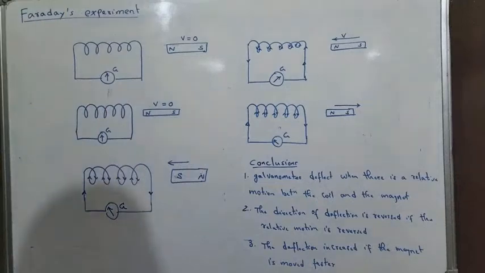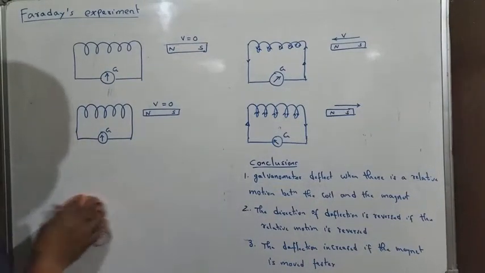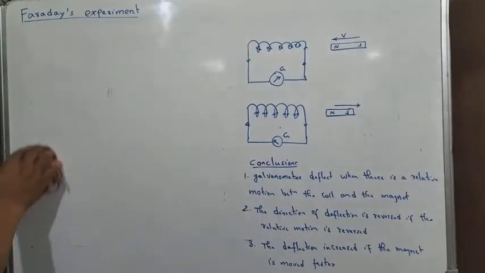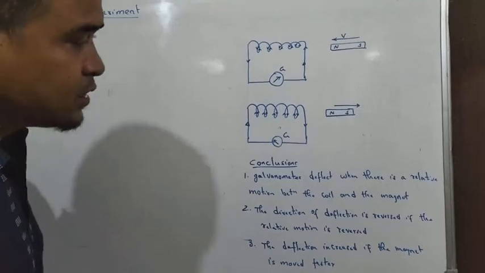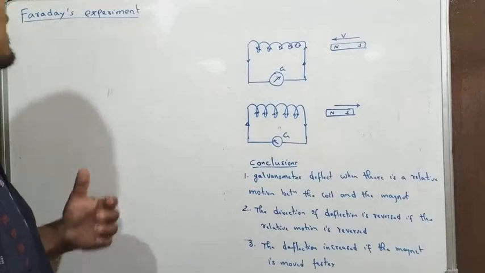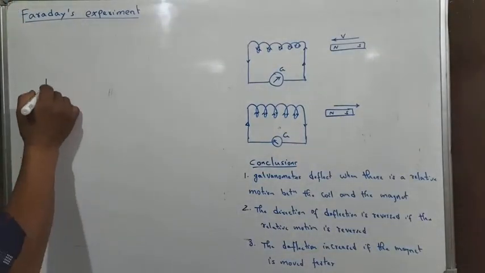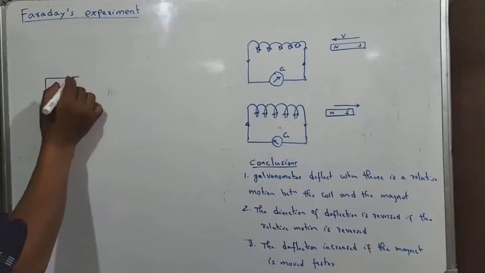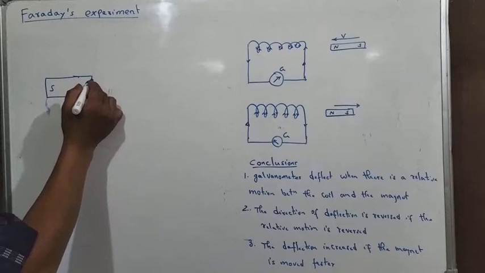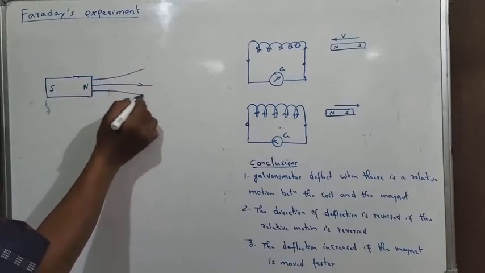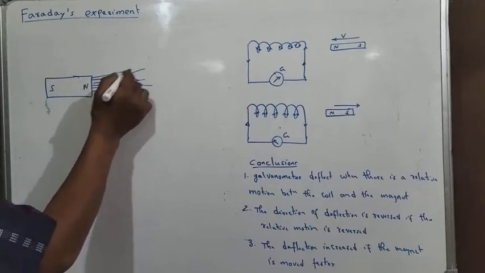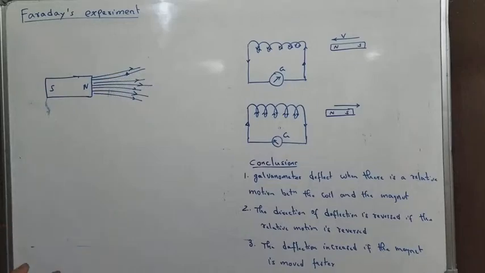After this experiment, Michael Faraday explained the current which is produced in the coil. Suppose this is a magnet, and this is the north pole. We know these are the magnetic field lines, which are large in number.